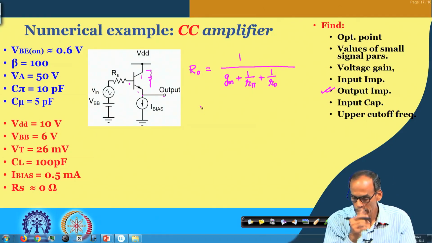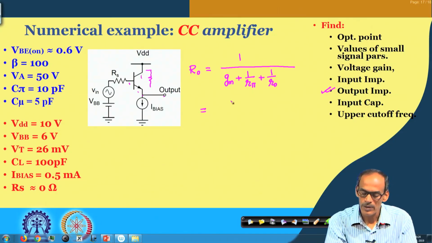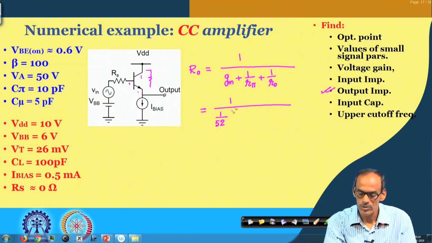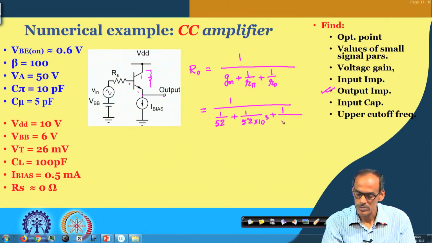So, we have the values here: 1 by 52 for gm, plus 1 divided by 5.2 into 10 to the power 3 for r pi, and then r naught is 100 k, 10 to the power 5.